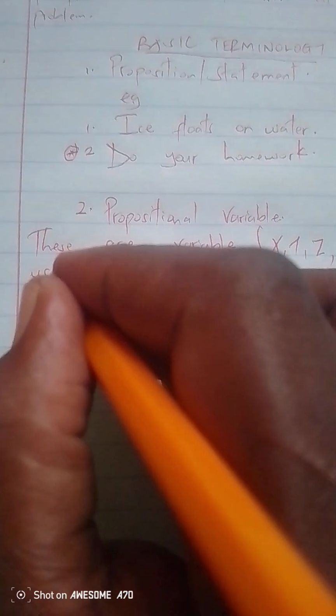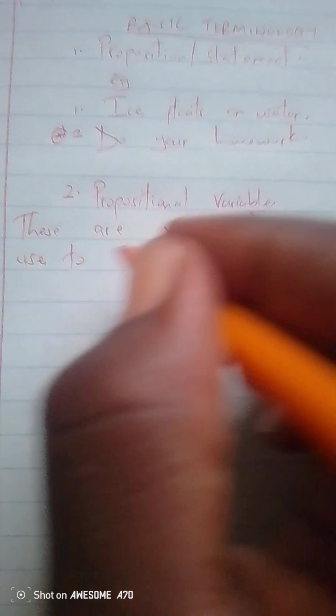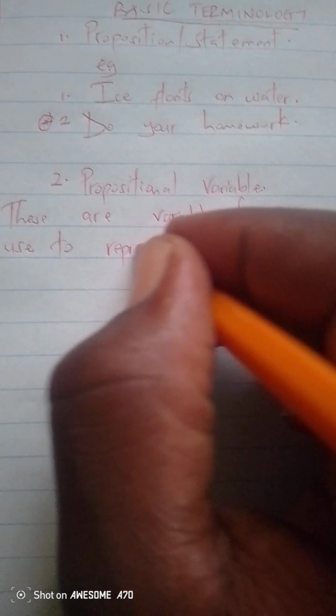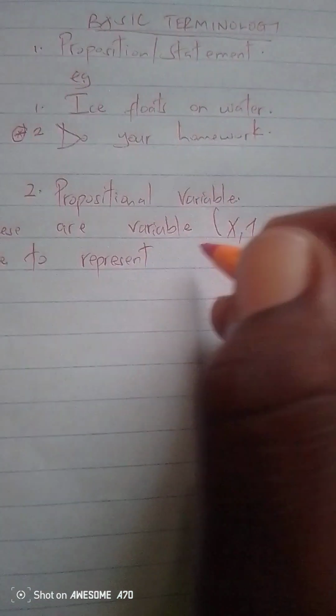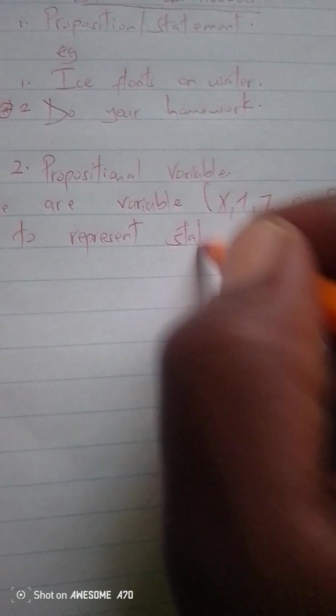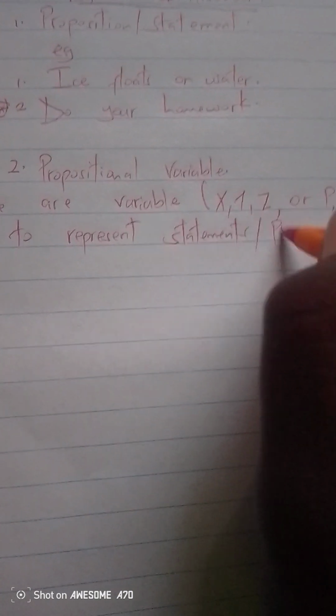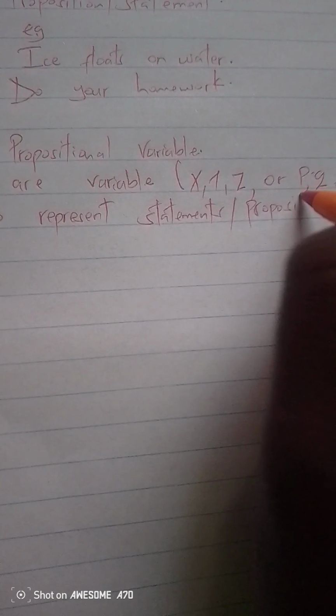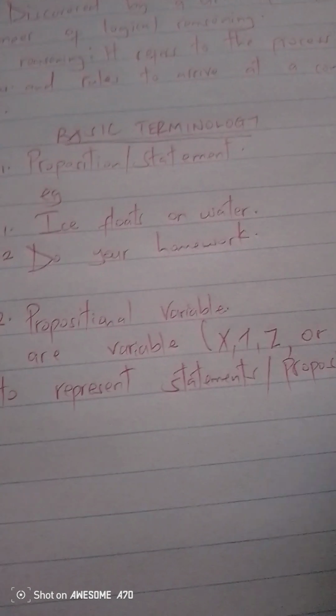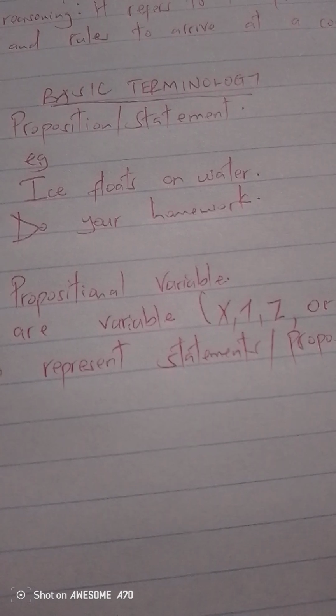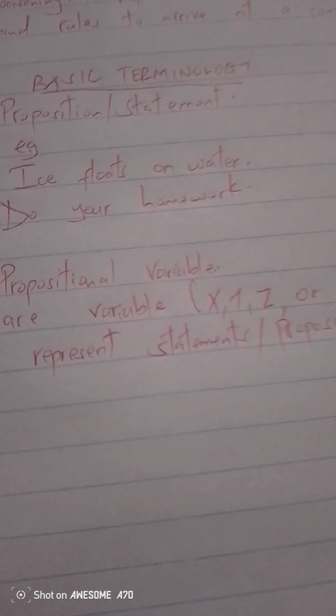That we use to represent statements or propositions. I think we've talked about proposition up there, and some of the examples that we've seen is such as ice floats on water. That is an example.